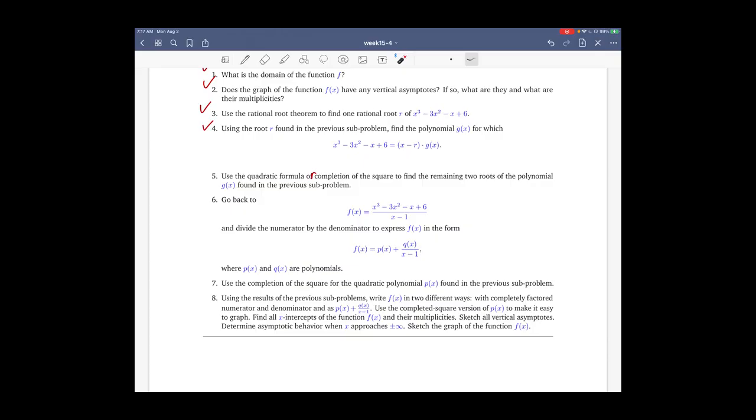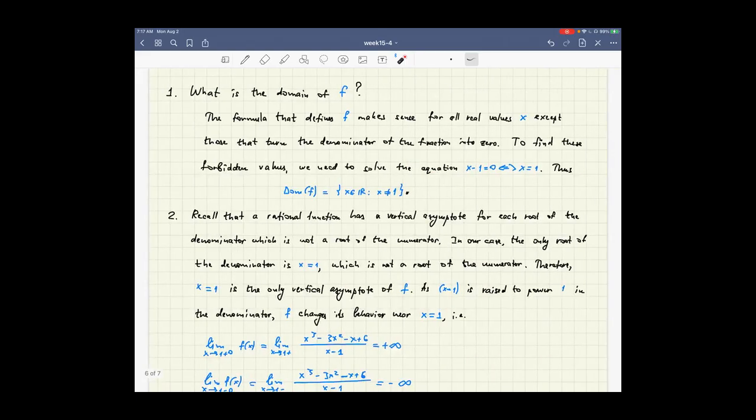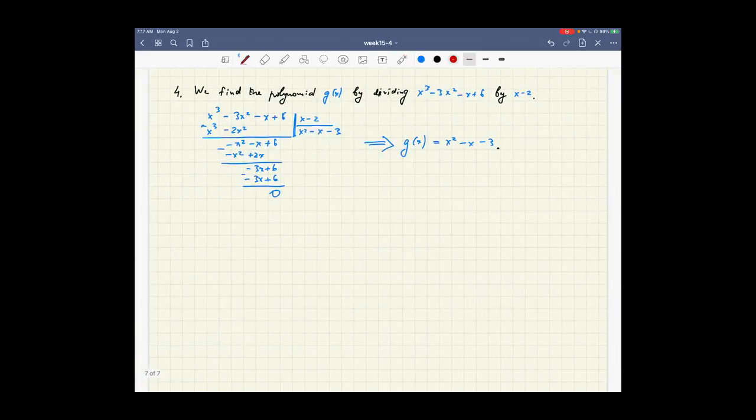Right, so we know that 2 is one of the roots of this numerator, and the other roots of the numerator, if they exist, must be then the roots of g. So to find the roots of g, we are asked to use either the quadratic formula or the completion of the square. Either way will do. Let's use completion of the square.